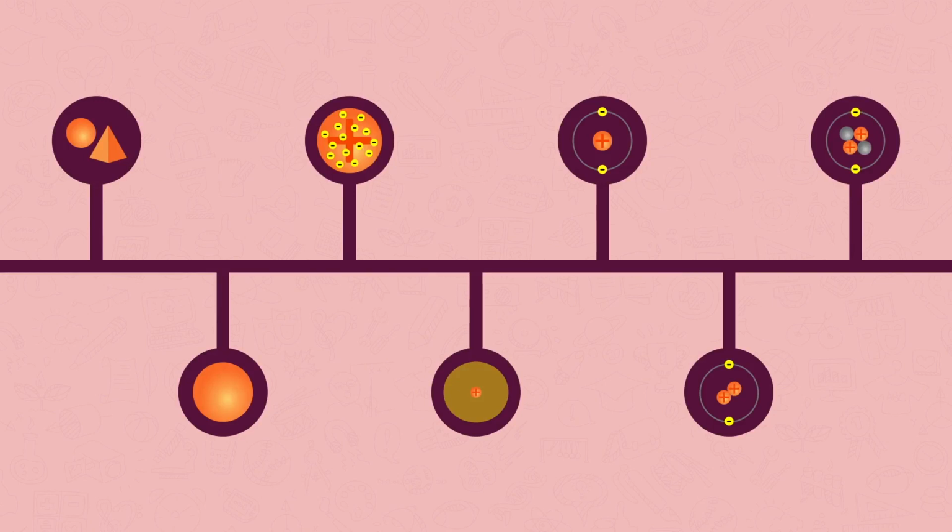We are going to start with a mathematician and scientist called Democritus, and he proposed that if you cut something in half, and then in half again, and again, and again, there would come a point where you couldn't cut it into anything smaller. He called these particles atoms, from the Greek for uncuttable or indivisible, and he said that everything was made up of these.